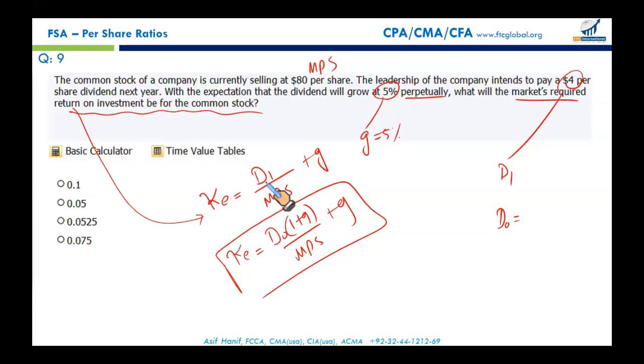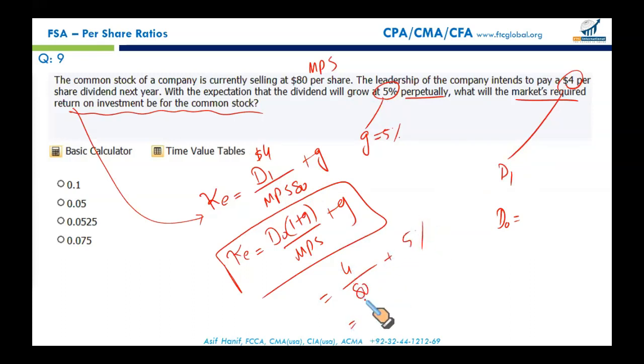Okay, now we have to find the cost of equity. We have been given the inputs. The next dividend is going to be $4. The market price per share is right now $80. So basically you have $4 as the next dividend, use D1. $80 is the current share price. The growth rate is 5%.